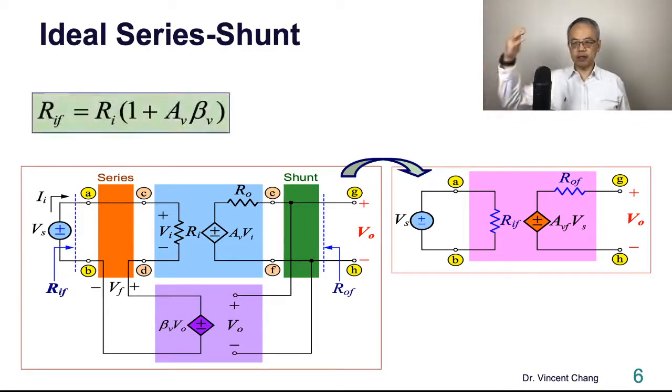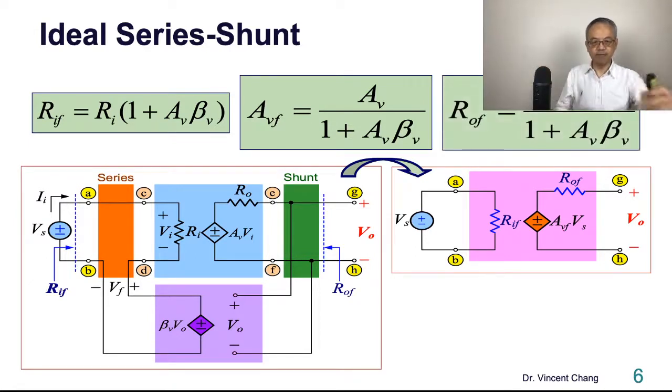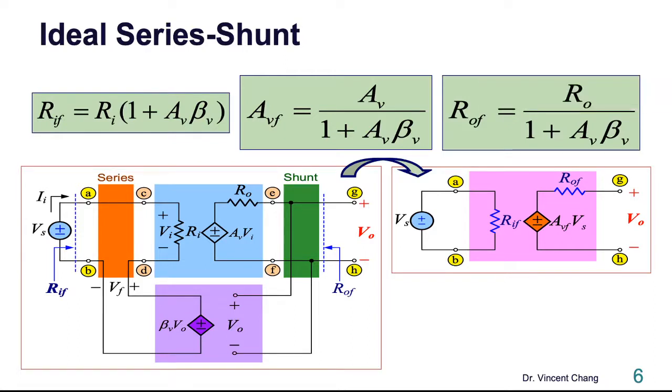The first one, the closed loop input resistance is going to increase. For the gain relationship, it's going to remain the same, unchanged. And for the output resistance, because of the nature of the shunt sampling, the output resistance is going to go down.